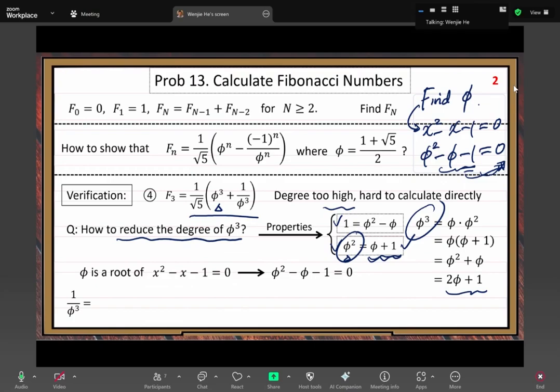Cancellation of common factor. If your numerator and denominator have a common factor, you can do cancellation. After cancellation, you bring down the degree of the denominator. That's the idea.